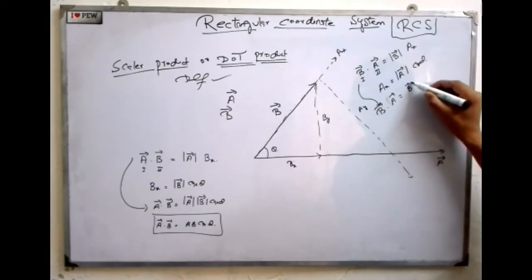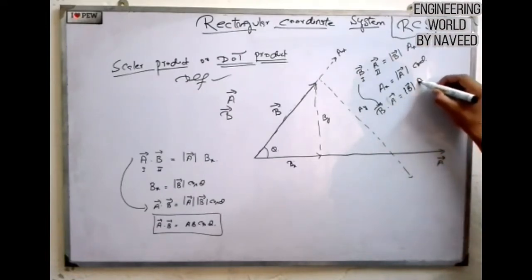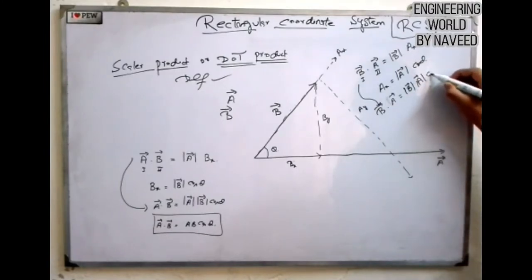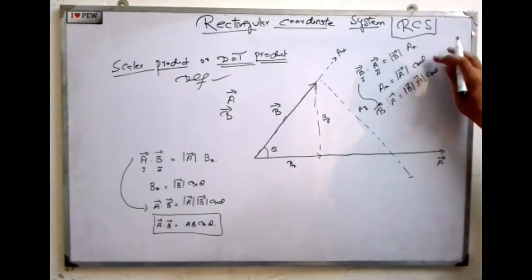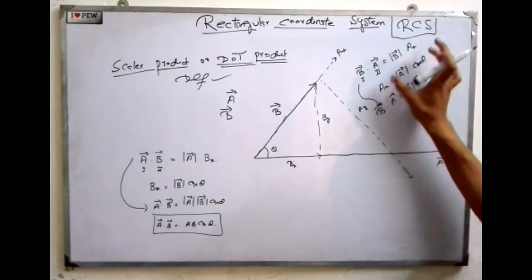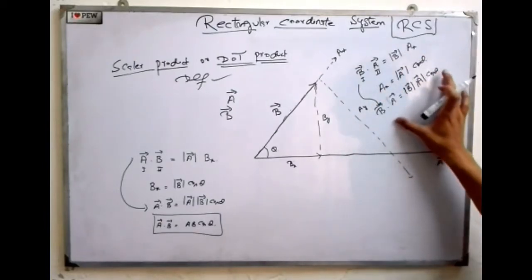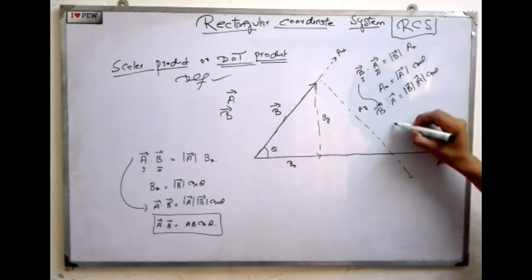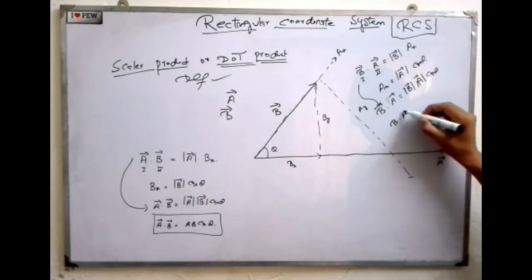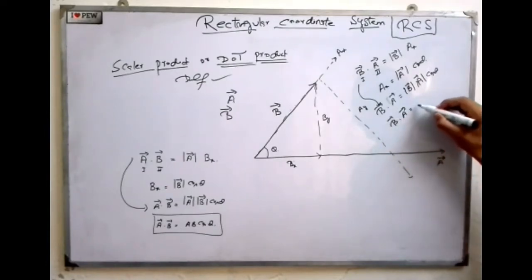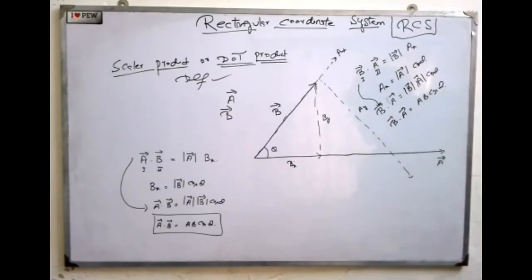Putting the value of Ax in this equation, you will get this equation: my B dot A, or scalar product, will be equal to AB cos theta.